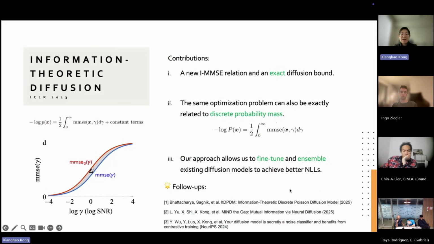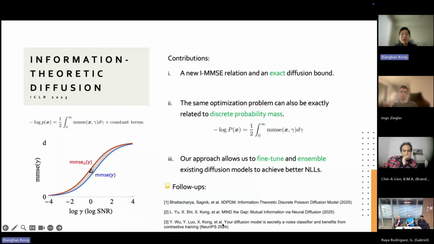The second one is that we can use this formula to estimate the mutual information between two variables, because here we get an exact equality between the negative log likelihood and the integral of MMSE. Later I will introduce that the difference of two negative log likelihoods is the same as the mutual information.